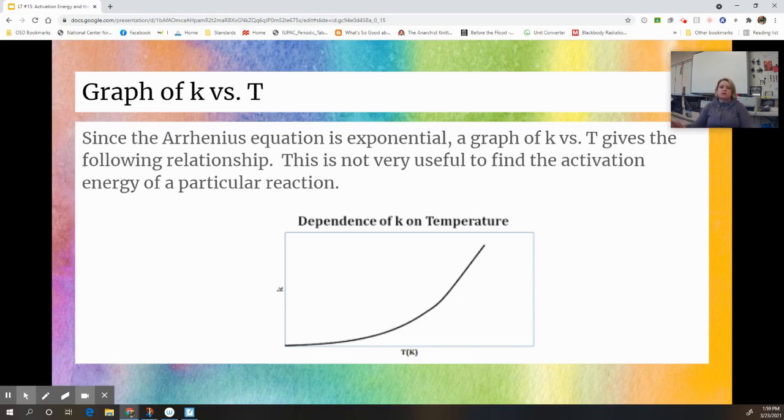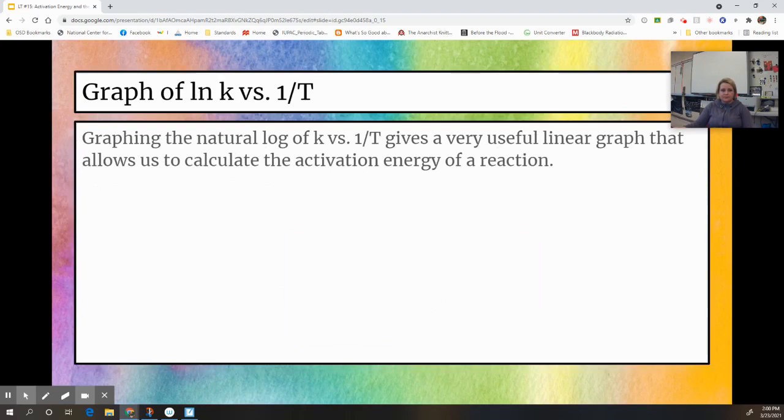However, this particular graph is really not useful to find the activation energy, which is the whole intention of learning about the Arrhenius equation: to calculate the activation energy of a particular reaction. So let's look at the linear version, which is much more useful. So here is our linear equation, typical equation y equals mx plus b.